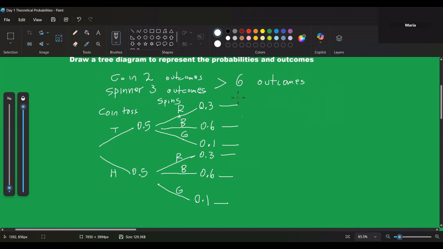Now we want to know the probability of, for example, tossing a tail and getting red. The secret of tree diagrams is to remember the multiplication rule.